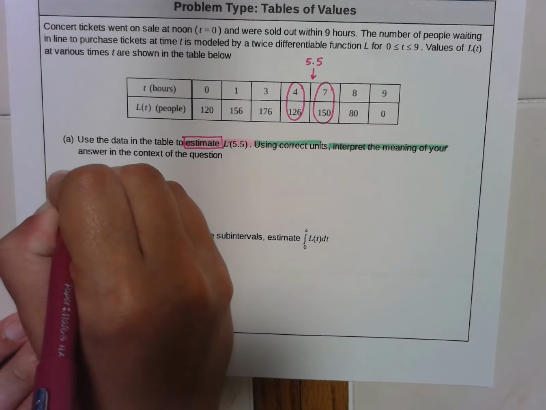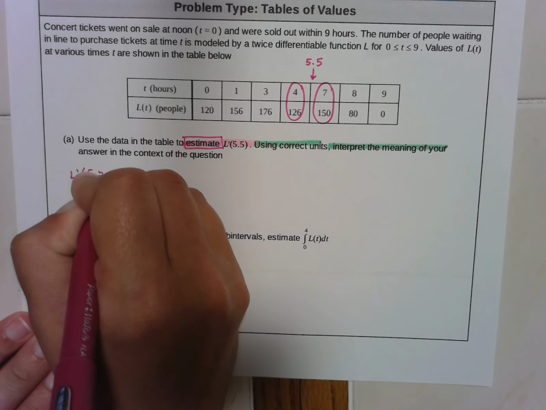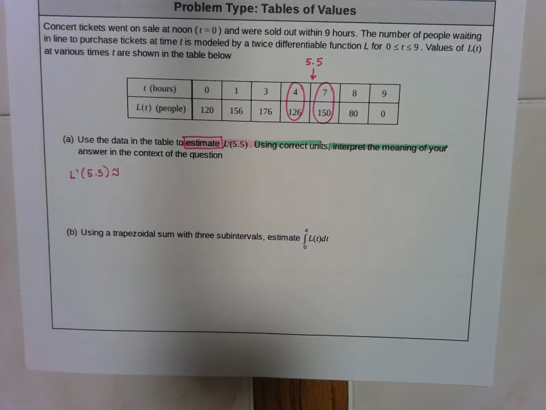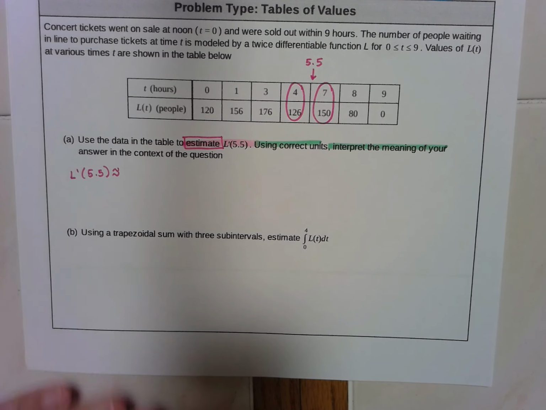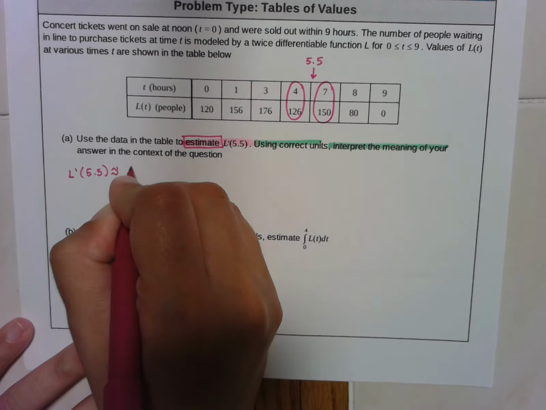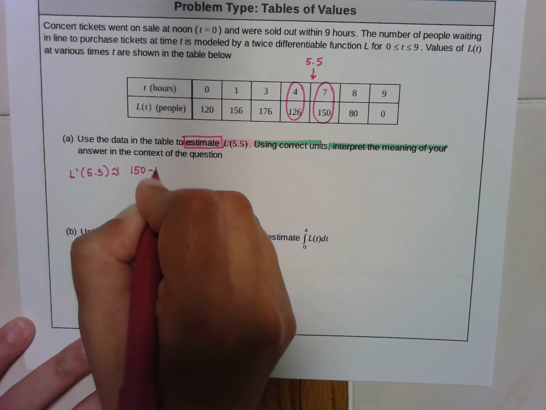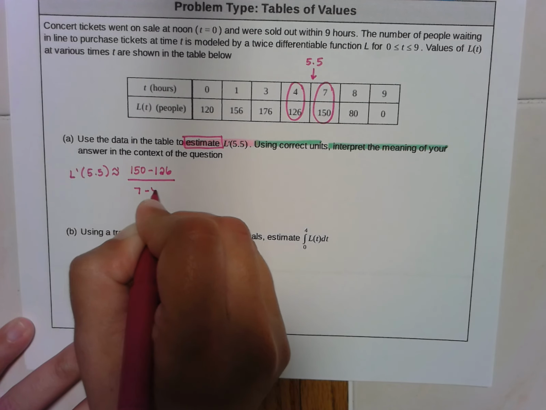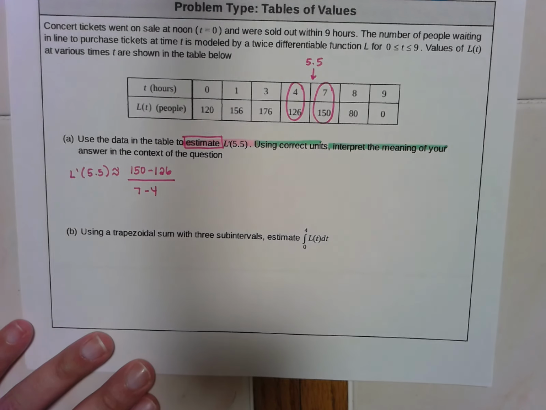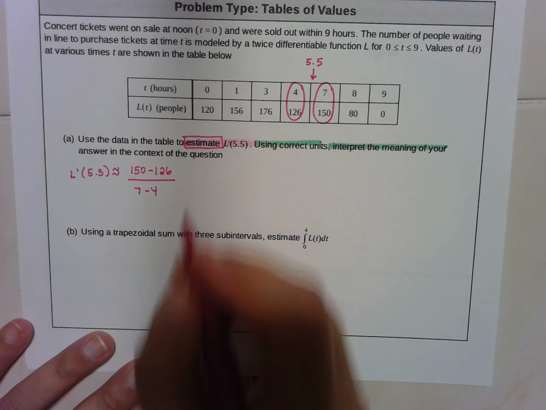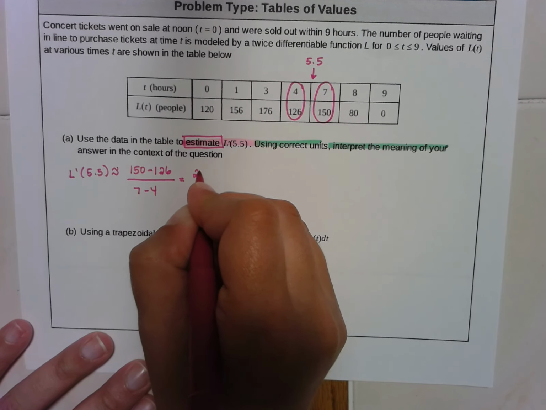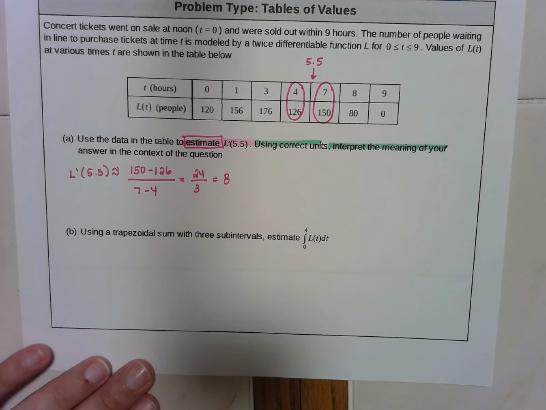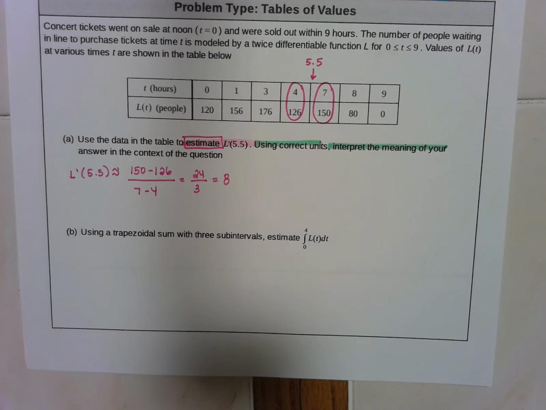So I would say L prime of 5.5 is approximately, and I'm using the approximately symbol because it does say that I'm estimating, 150 minus 126, which is my change in y, divided by my change in x, which is 7 minus 4. Now, if I have a calculator, this might be something that I type in, but I happen to know without typing it in that this is 24 over 3, which just gives me 8. So that's the first part of the question.